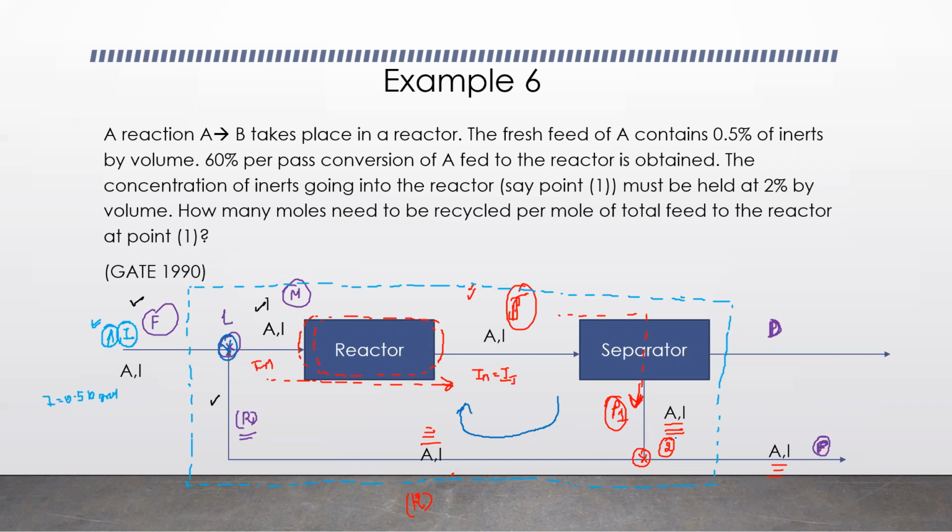After that, we went on to material balance without chemical reactions. There we dealt with a variety of unit operations, which involved mixing, evaporation, distillation, crystallization, absorption, extraction, right? And then we went on to material balance with chemical reactions.